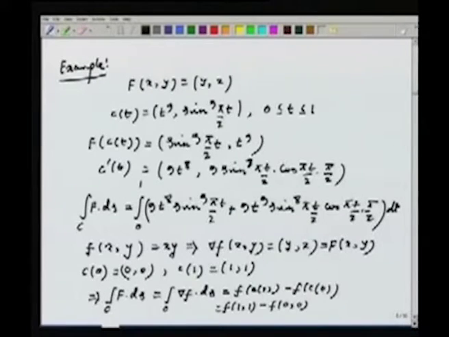But I know my definition of f, it just multiplies the x coordinate and y coordinate. That means f(1,1) is 1 and f(0,0) is 0. That means the line integral is actually equal to 1. See how complicated the previous integral was, but that does not really mean that the line integral is complicated to calculate.